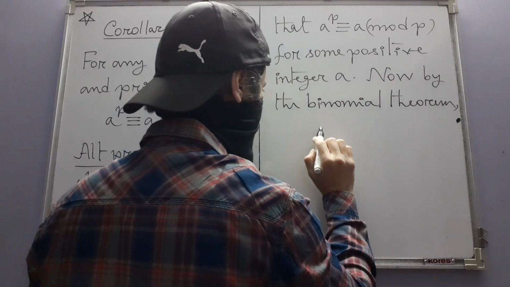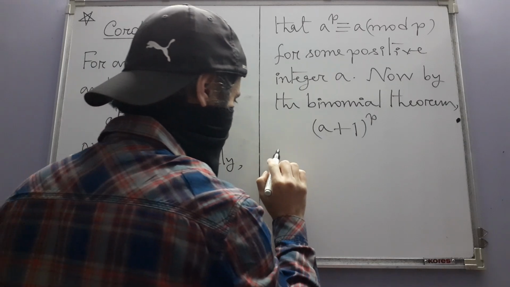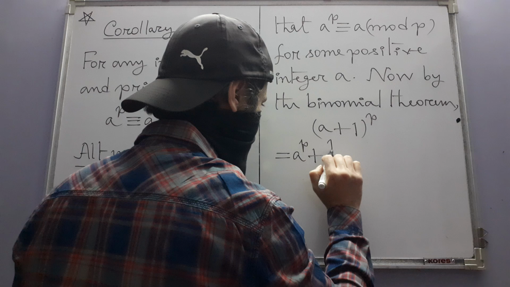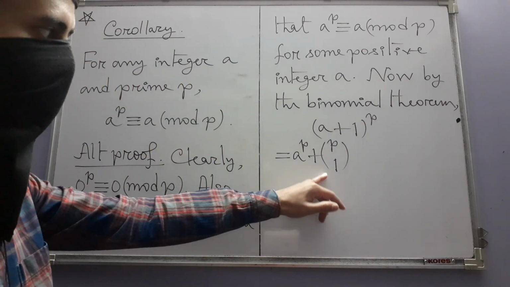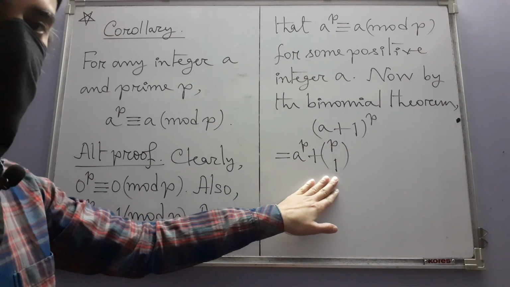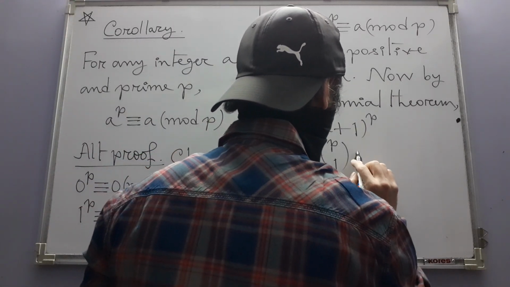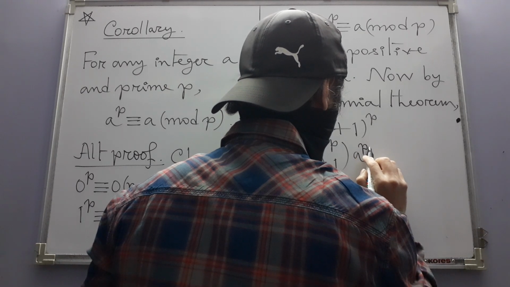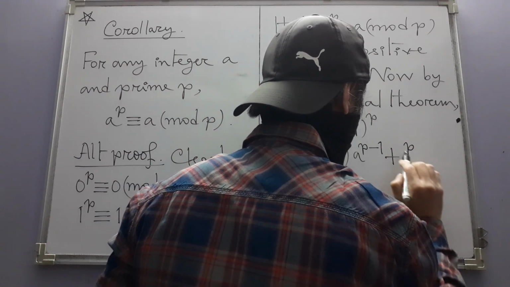By the binomial theorem, the pth power of a plus 1 is a to the power p plus p choose 1. You sometimes also denote this by writing pc1. That is old notation, okay. Usually this notation is used. This is a binomial coefficient times a to the power p minus 1 plus, let me write one more term, p choose 2.